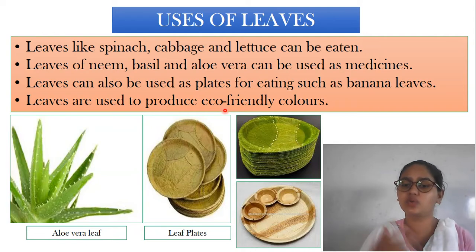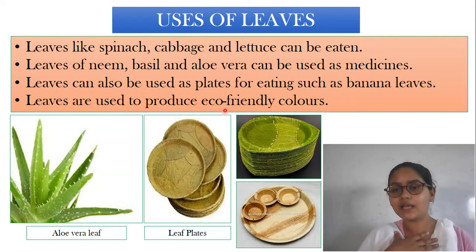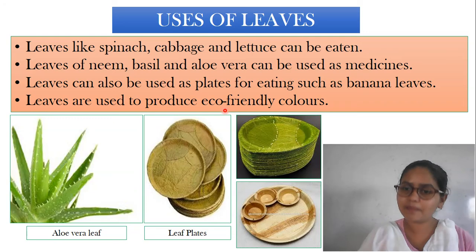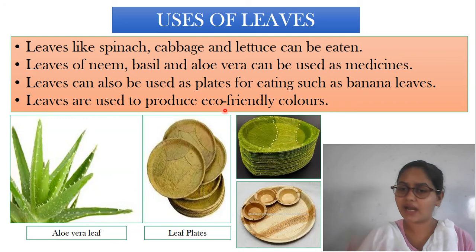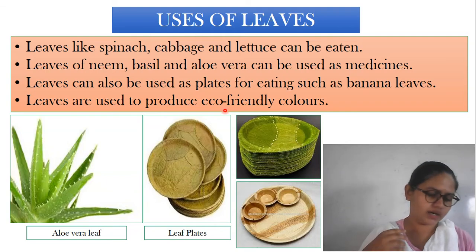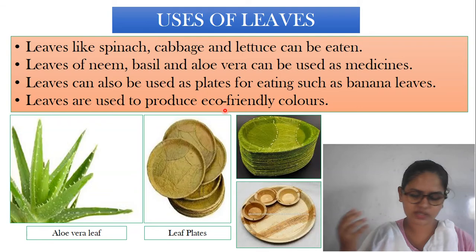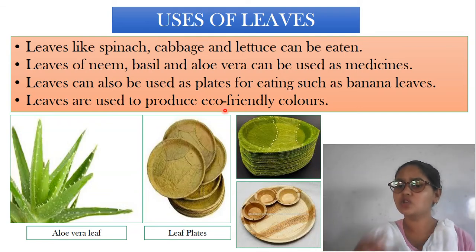How we are using leaves in our daily life, and how the leaves and the plant are important for us. Now we learn all the things: how we use plants, the types of plants and uses of plants. Then why plants are important, in which area we cultivate which kind of species of plants, right? Himachal has apples, Karnataka has bananas, Bihar, West Bengal and UP have mangoes. So we learn all about these things from this chapter.